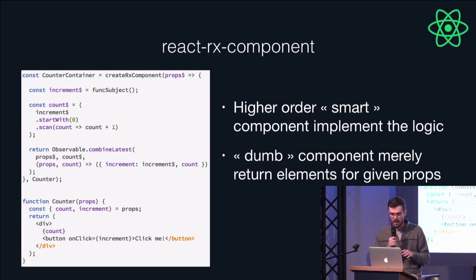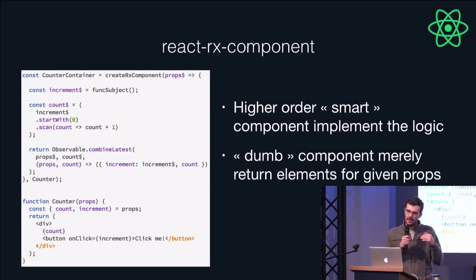elements for given props. So in this example, which is still our simple counter component, we can see that when we call the createRxComponent that comes from the React Rx component library, we pass a function. This function will receive an observable of props. Then we can create, like with RxReact, some func subject.